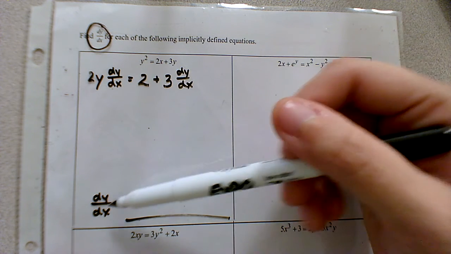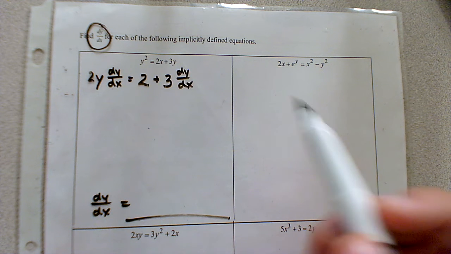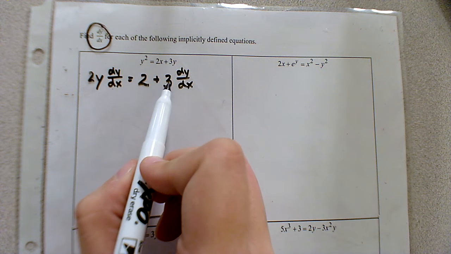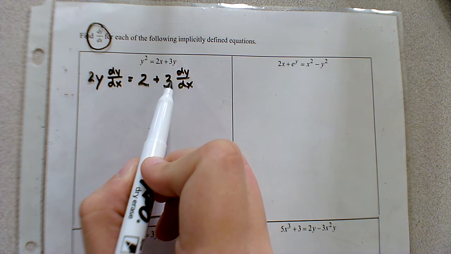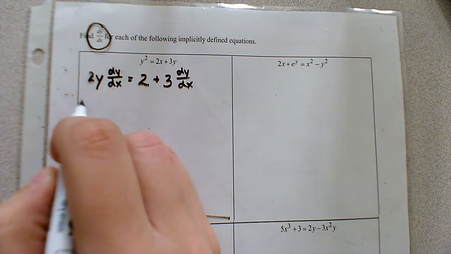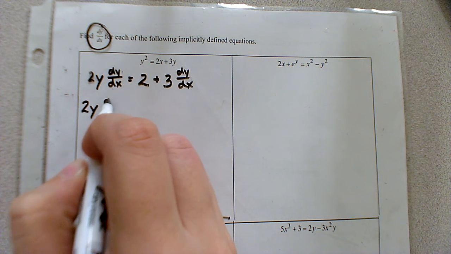Now, since we're trying to solve for dy over dx, I recommend getting all of these derivative symbols on one side of the equation, and everything else that does not have this derivative symbol in it, move it to the other side of the equation. So for instance, I'll go ahead and subtract this 3 dy over dx to the other side so that I have both derivatives next to each other.